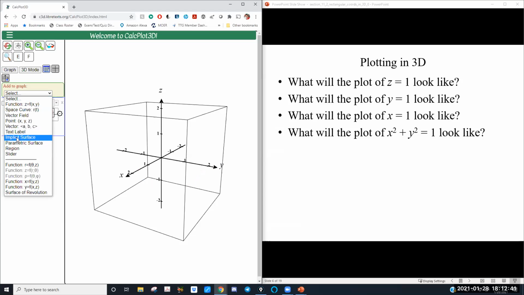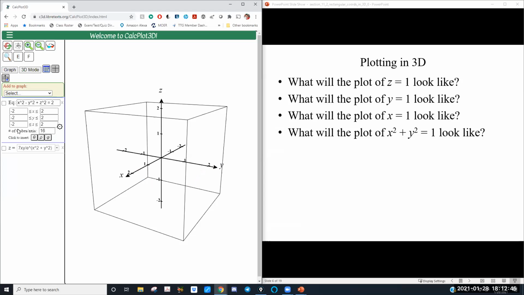Anytime you're plotting an equation versus a function, you do an implicit surface. So you can see it's already pretty close to what we got there. So x squared plus y squared equals 1.